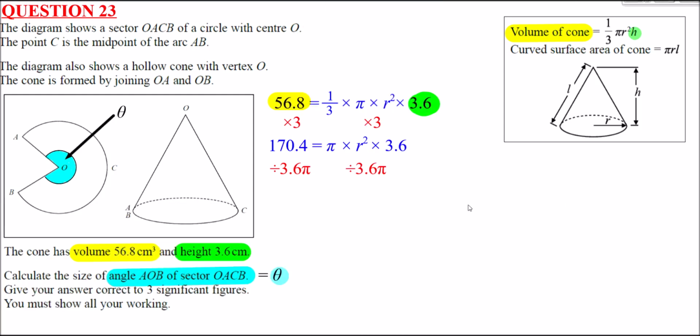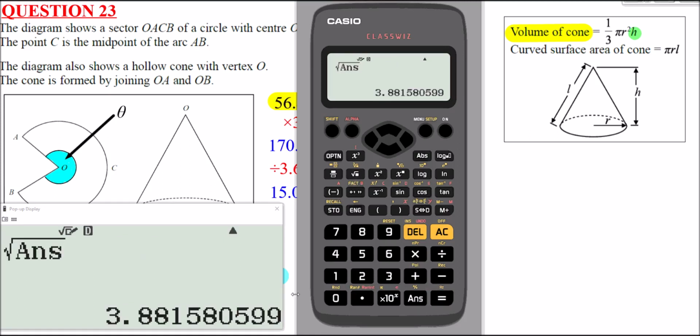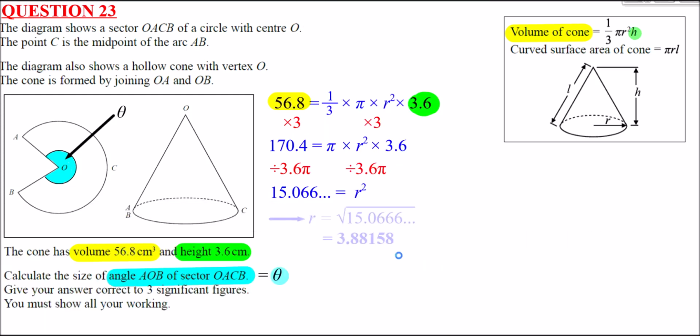So 15.0666 equals r squared. We can now find the radius of this cone by square rooting 15.066. So if we do that now, square root our answer, that gives us 3.88158 and a bit more accuracy after. So therefore, the radius of the cone is 3.88158.